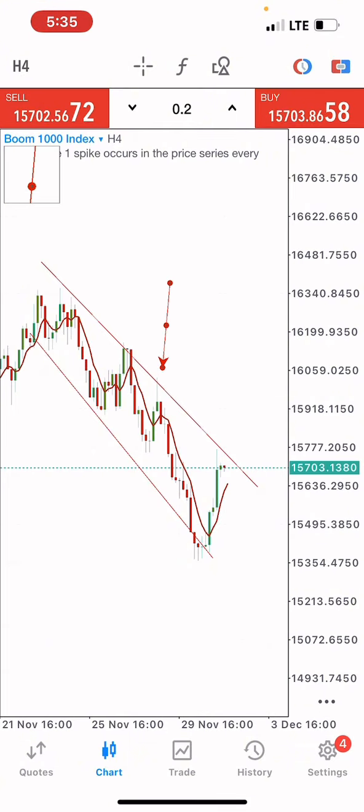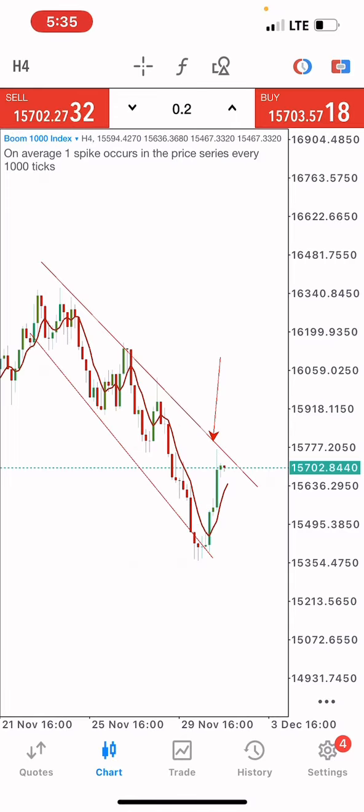You can see that whenever there's a pullback to the upside, eventually it will run back downwards and then pull back into the upside again, and then price will run back downwards from there. So I want to see price come back to this high.